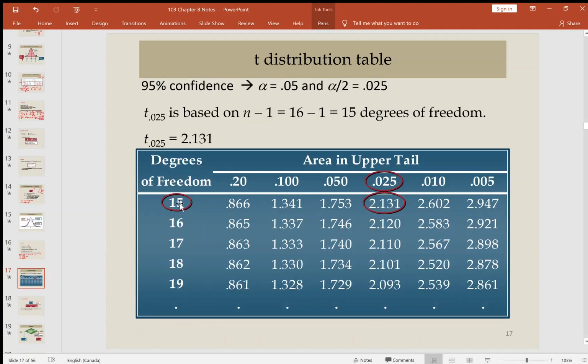The degrees of freedom are on the left hand side, and on the top you have the probabilities or the areas in the upper tail. So for 15 degrees of freedom and 0.025 as alpha by 2, the T score is 2.131. Okay, so that's the T score.